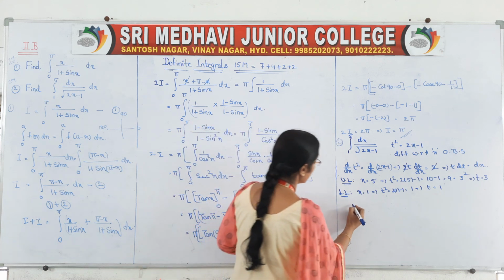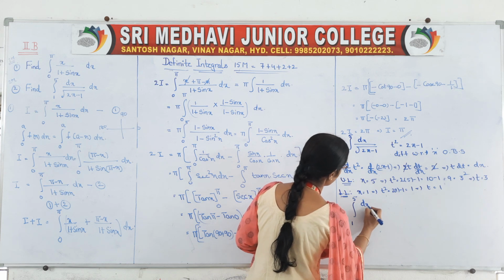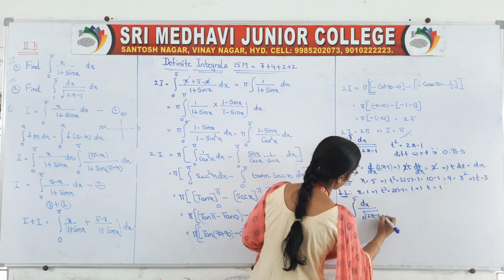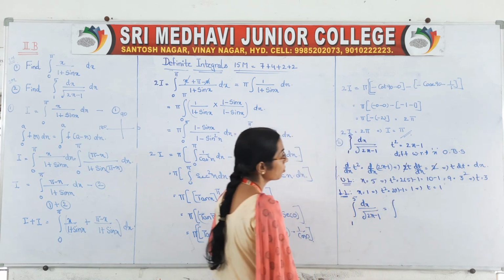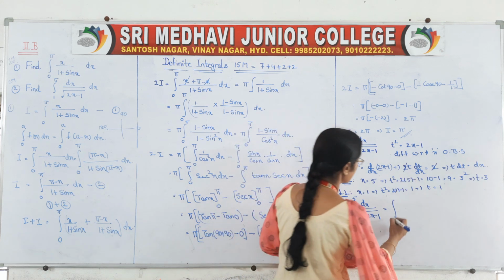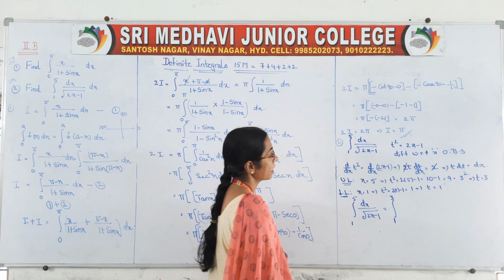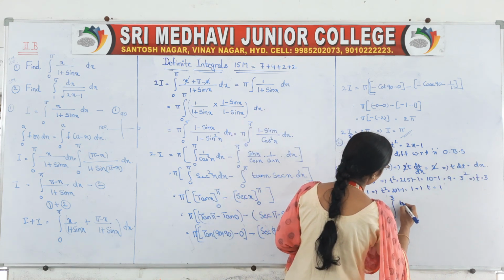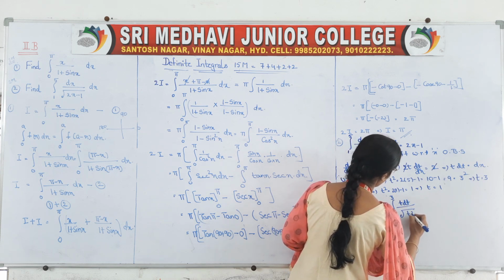Now you take your question. What is that? Integral from 1 to 5 of dx by root of 2x minus 1. So it is equal to the integral, with lower limit 1, upper limit 3, and what is your dx? dx is equal to t dt by root of t square.